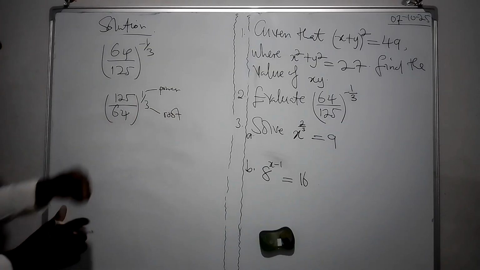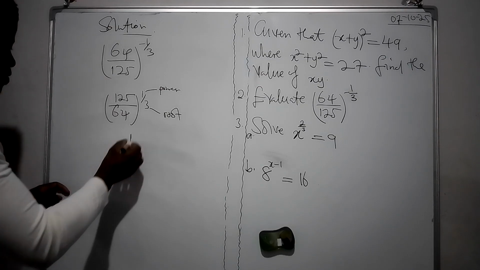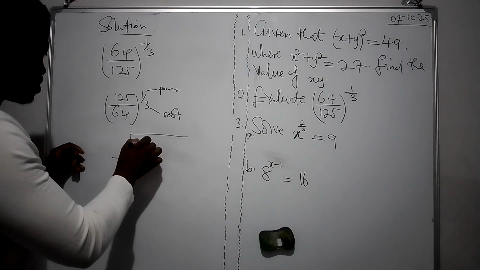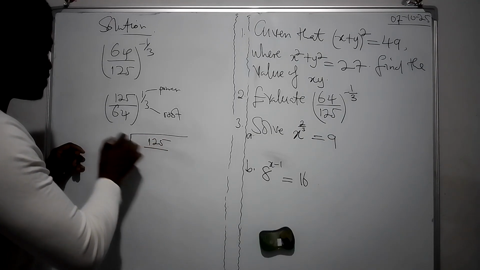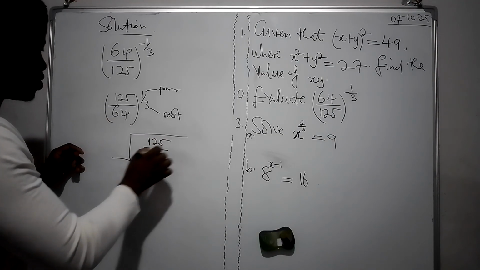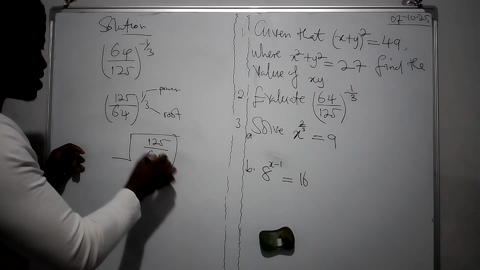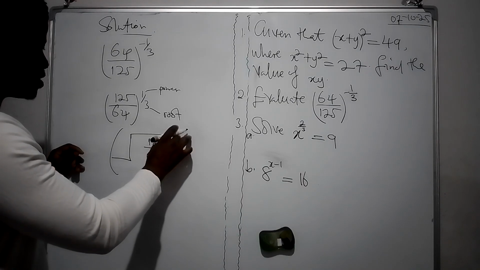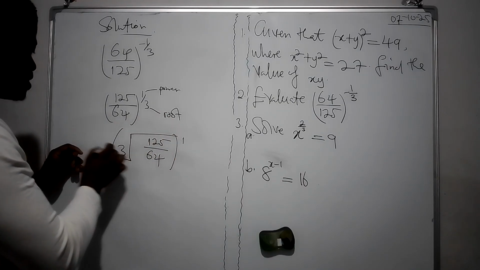Having done this, we have the root of 125 divided by 64. The power therefore is 1, and the root is 3.